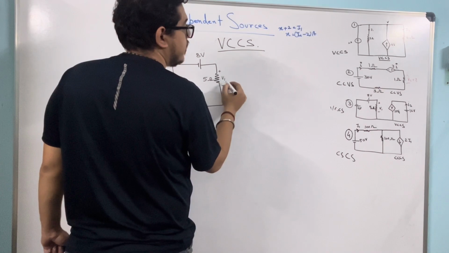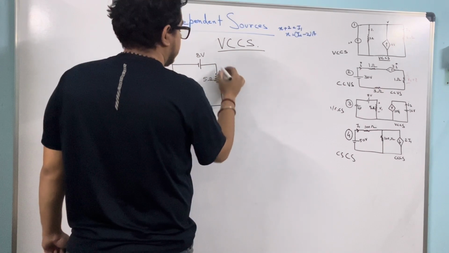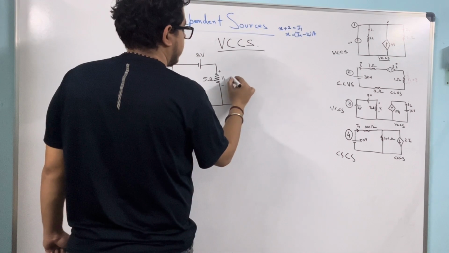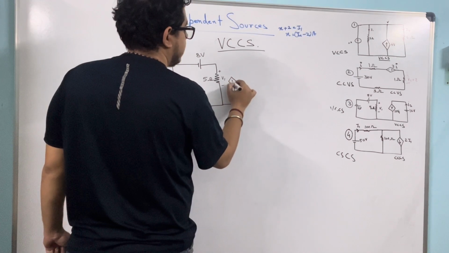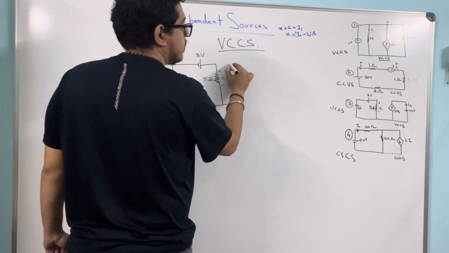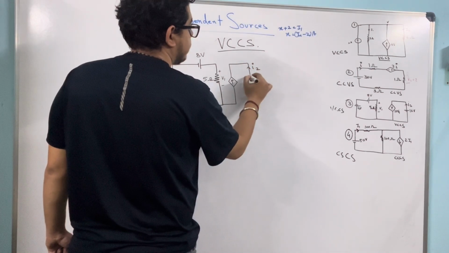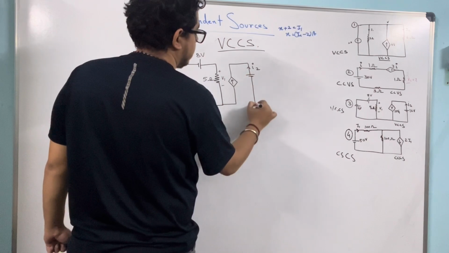The question is to find V1. In this question you will understand why the signs are so important. Also to find I2. These are the questions.